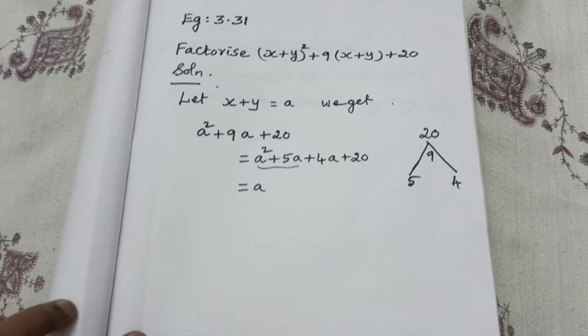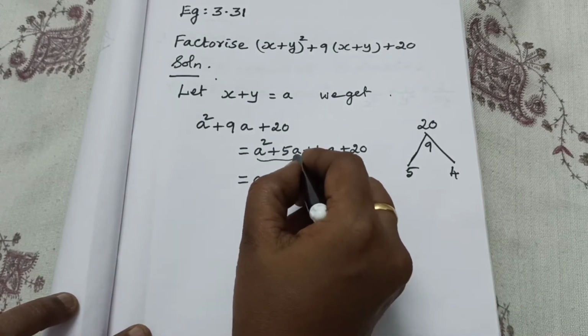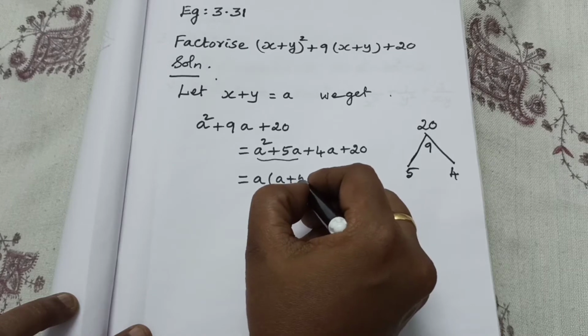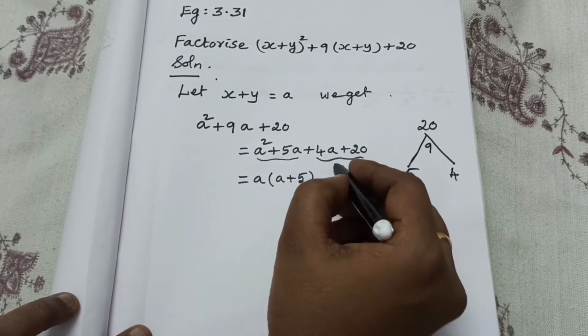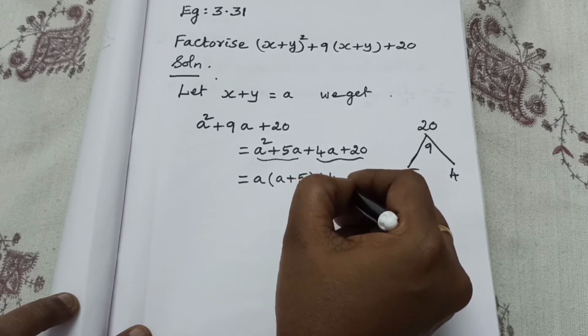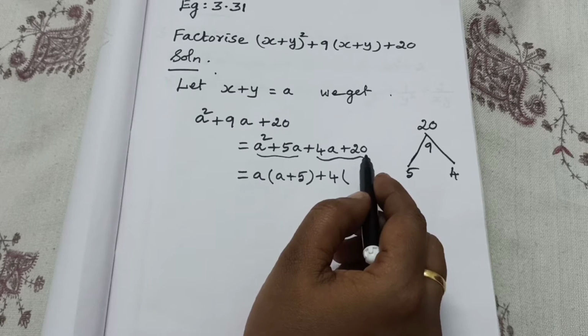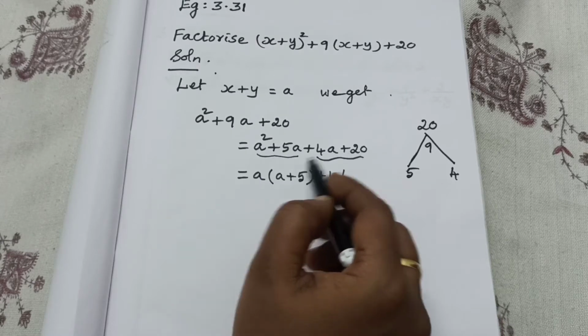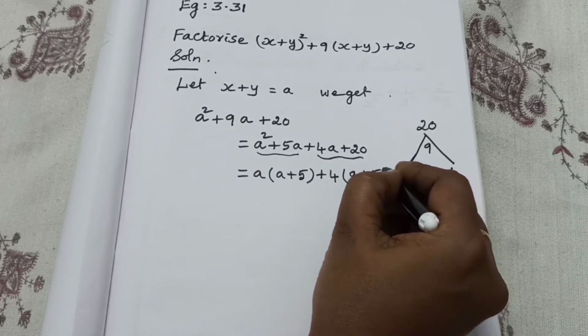Very good. Remaining a plus 5. Next two terms, 4 is common, isn't it? Here 20 means 4 into 5. We can take 4 outside, then a plus 5.